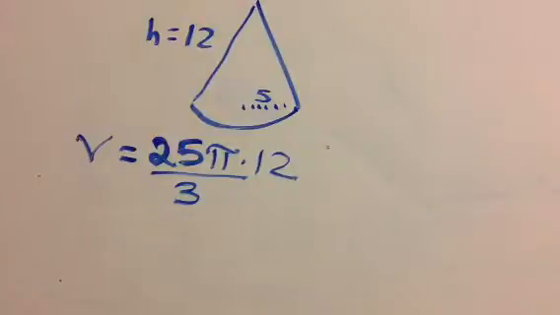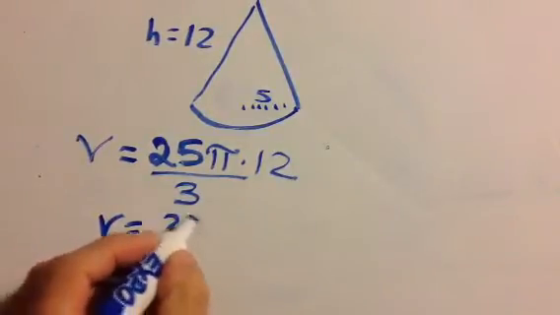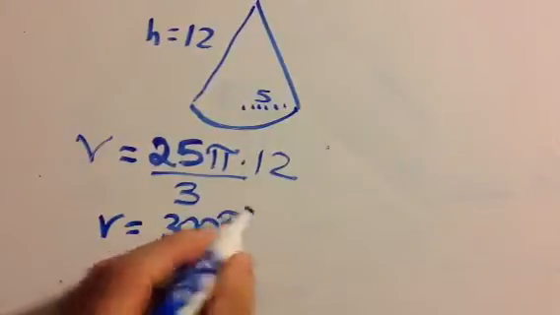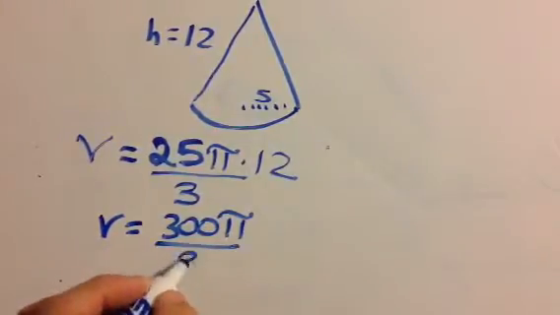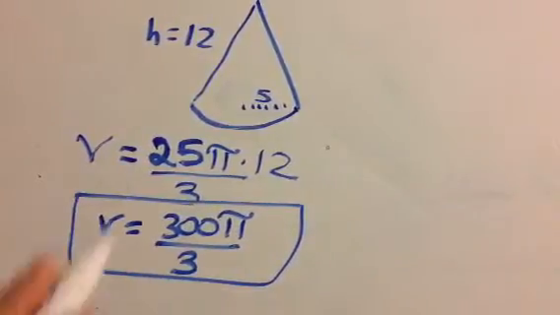Okay, so 25 times 12 is 300, so the volume now is 300 pi divided by 3. That's our next step.